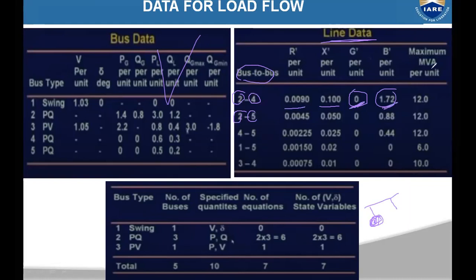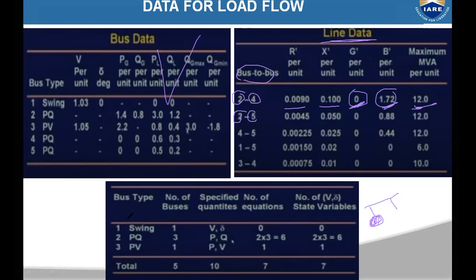And what is the maximum MVA in per unit? This transmission line cannot be supplied with so much amount of current. It also has some limit for power delivery, so what is the maximum limit of MVA that can be supplied by this line? That will also be specified. So these are the parameters which should be specified for line data.